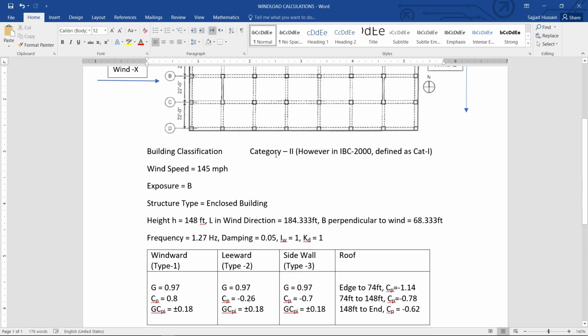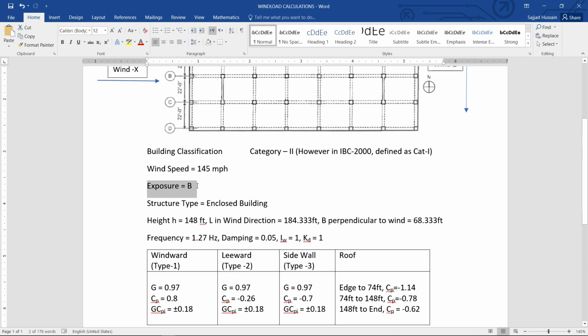So the building was considered to be category 2. There is a point that in IBC 2000, this is called category 1, but if I am using ASCE 7, then it should be considered as category 2. The speed of the wind is 145 miles per hour.